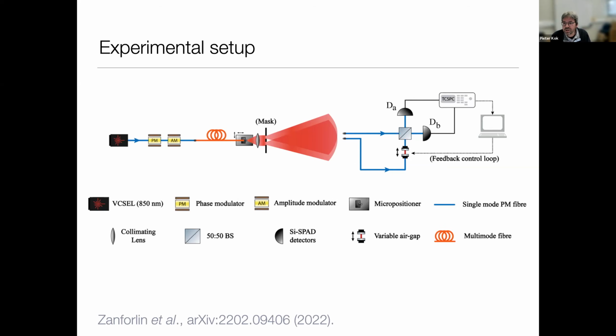And there is going to be a feedback control loop that essentially allows this thing to stay interferometrically stable. So this is one of those experimental wizardry tricks that's really nice. Ugo has a very nice setup here.